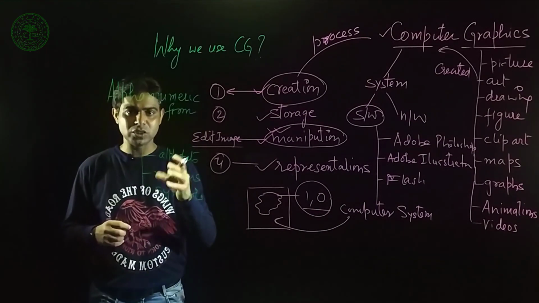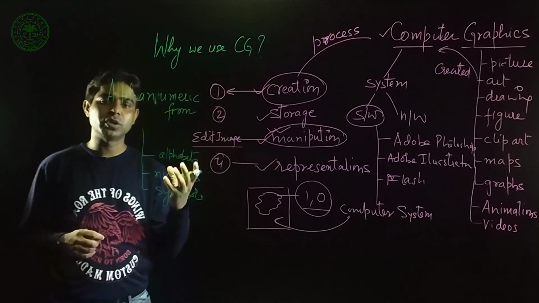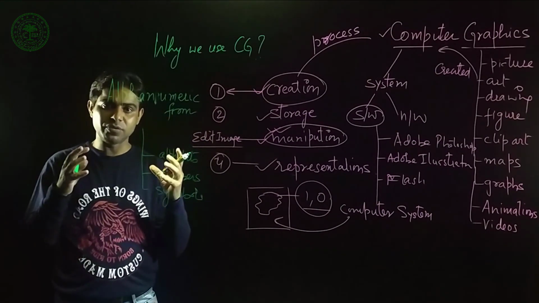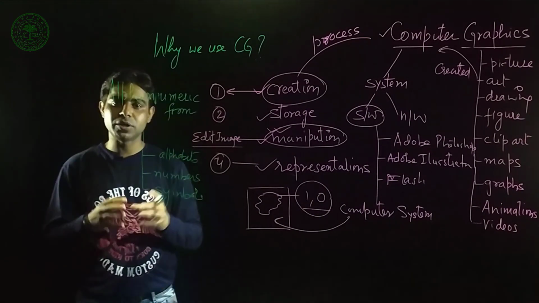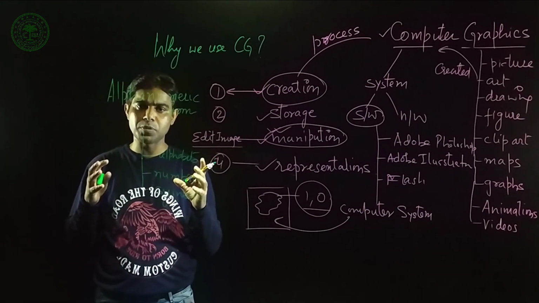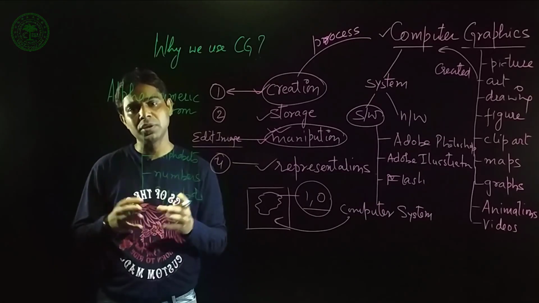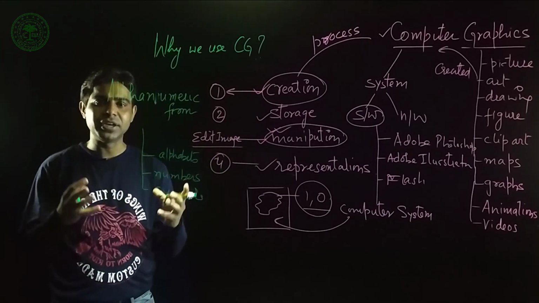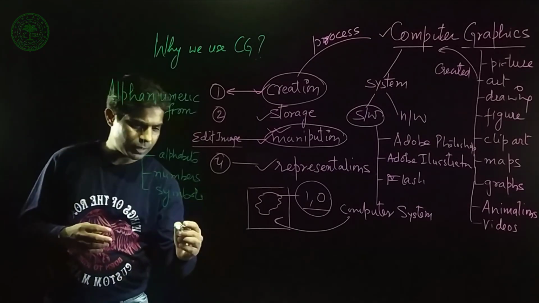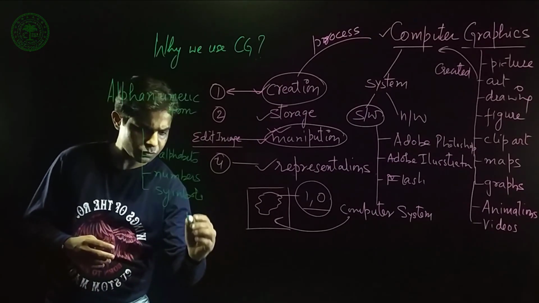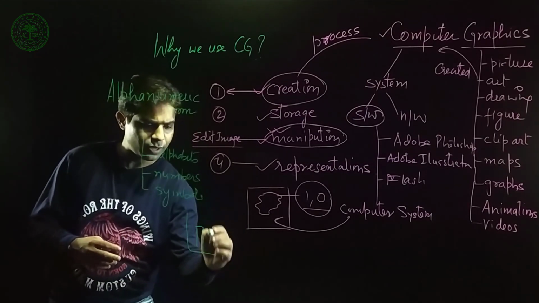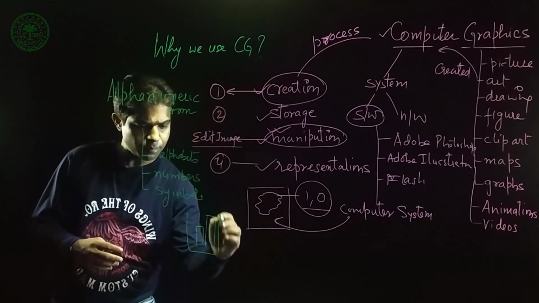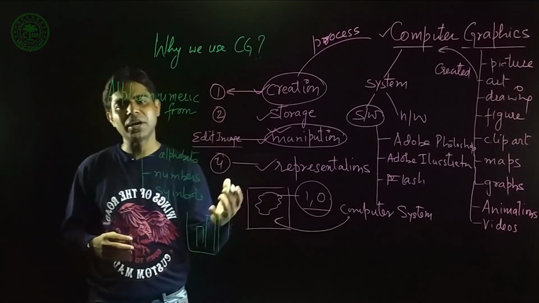So this has been transformed into the visual form, the pictorial form. If the data is represented in a pictorial form, it becomes very easy to develop the idea out of that figure. For example, an image is drawn with the help of bar charts, or you have a pie chart.